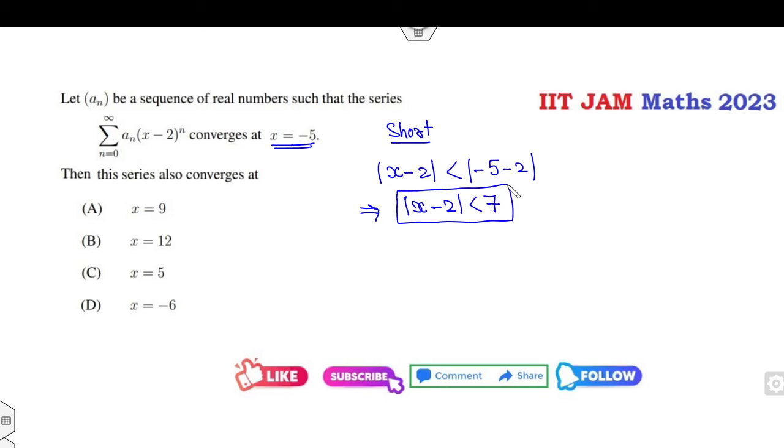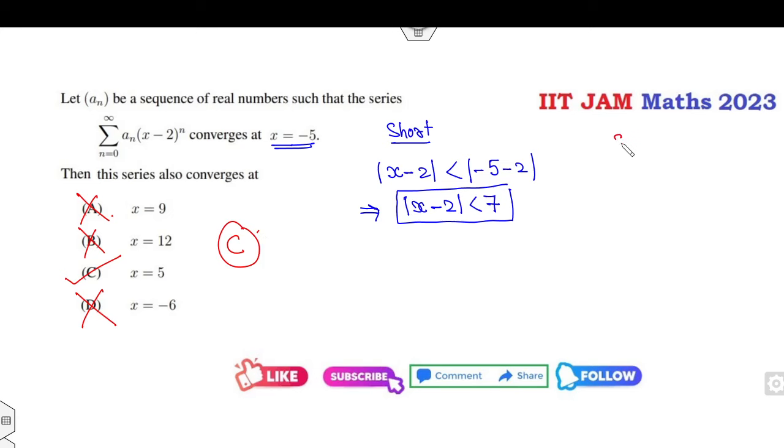Now look at the options. If x is equal to 9, 9 minus 2 is 7, it is not strictly less than, so that is cancelled out. x equal to 12, 12 minus 2, not satisfied. 5, 5 minus 2 is 3, satisfied. Minus 6, minus 6 minus 2 is minus 8, whose modulus 8 is not less than 7, not satisfied. C is the right answer of this problem.